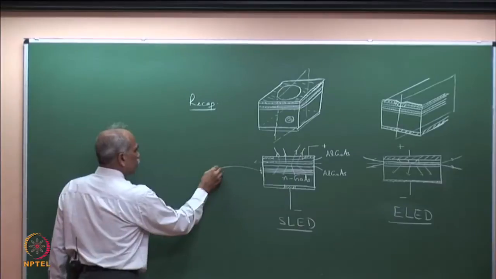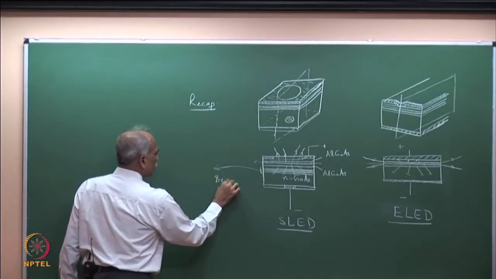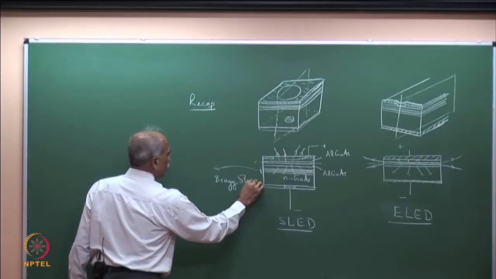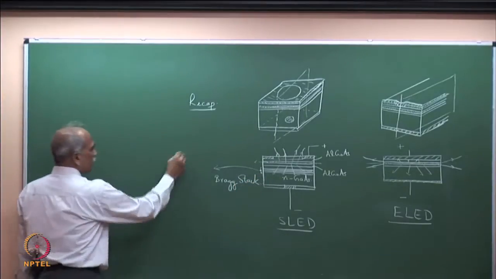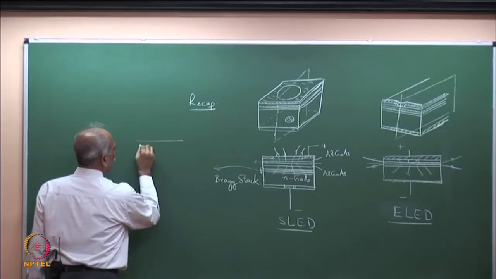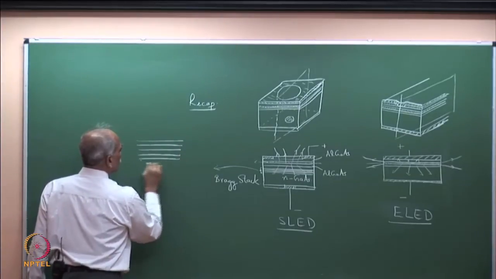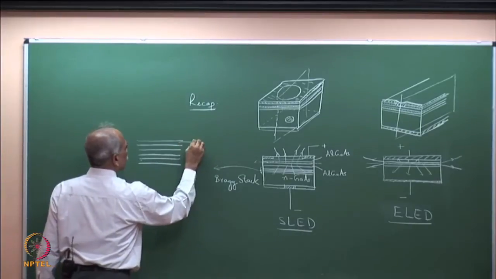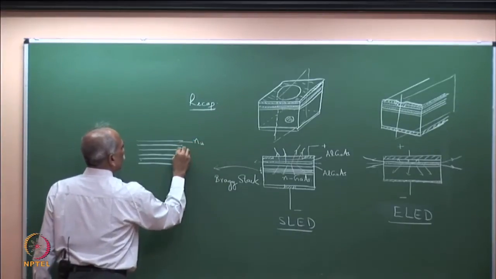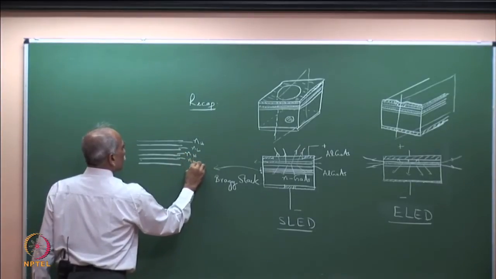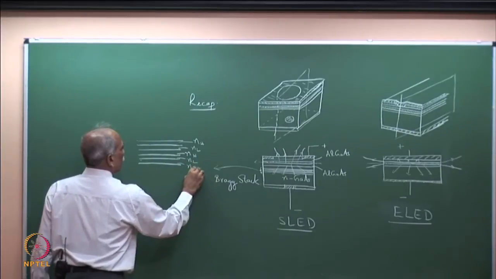Let me zoom in and show you what this Bragg stack is. The Bragg stack is basically an interference filter, a periodic high index, low index structure: N high, N low, N high, N low. It is a periodic medium.